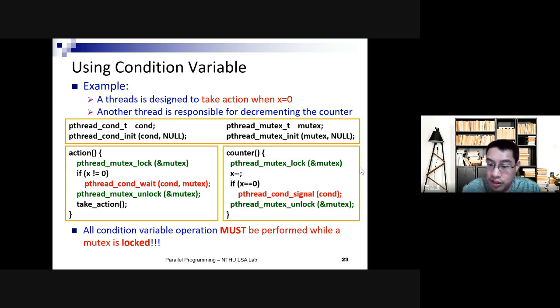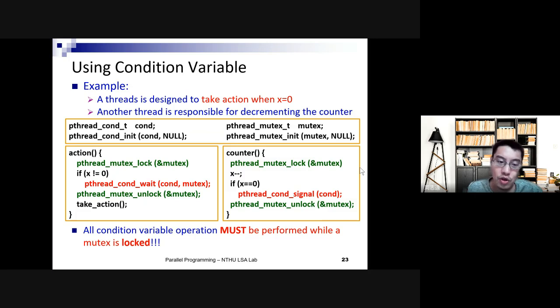However, after the signal is called, as we mentioned, it will wake up the sleeping thread. But remember, the thread that was put to sleep already released the lock for the critical section. So even though it is waking up, it still cannot return from the conditional wait function, because the last step in the conditional wait is to reacquire the lock.